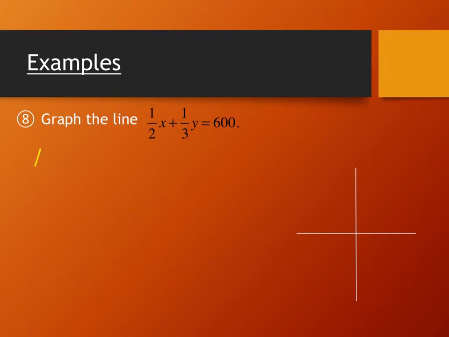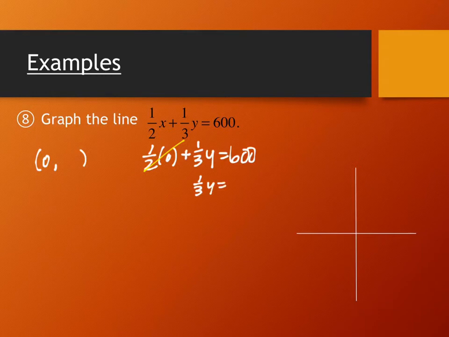So the first one we'll do is we'll let x equal to 0. So that's 1/2 times 0 plus 1/3 y equals 600. So this piece is gone. If I have 1/3 y equals 600, what can I do to move the 1/3? What operation?